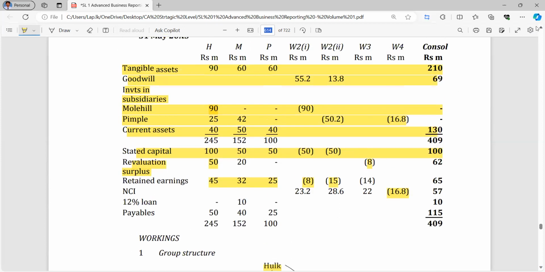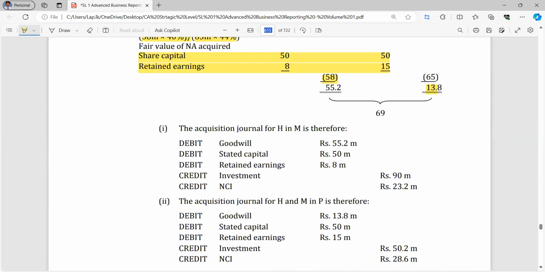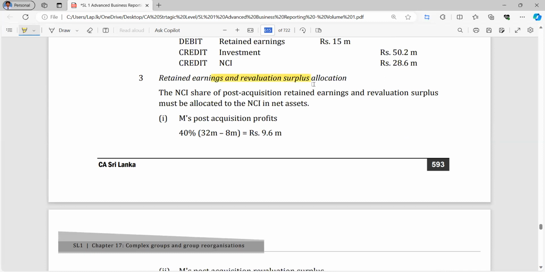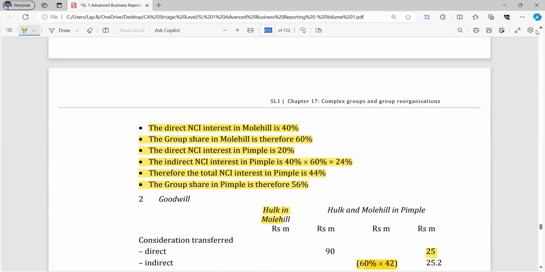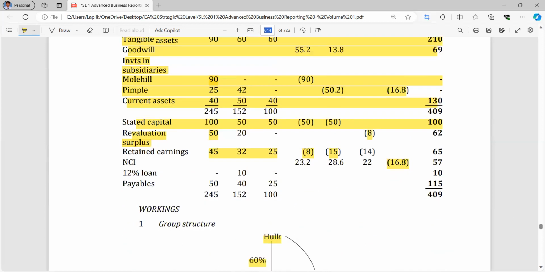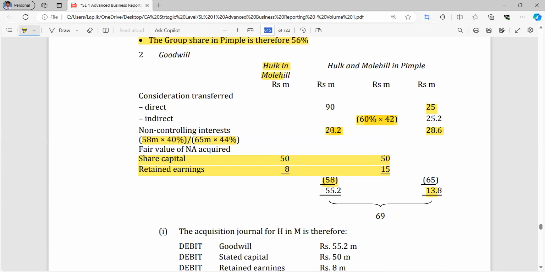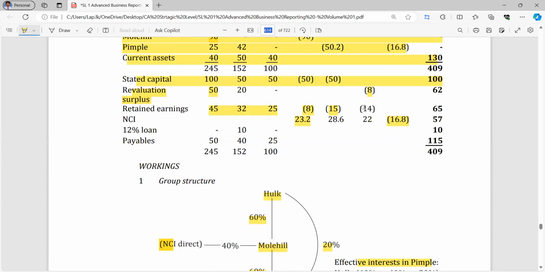Go to the adjustment number 3, working number 3. The retained earnings and revaluation surplus, 32 minus 8 into 40% is 9.6. That goes to the NCI holders. 9.6, here you can see here. The NCI also we discussed, it amounts to 23.2, here you can see 23.2 and 28.6, here, 28.6 and 22.